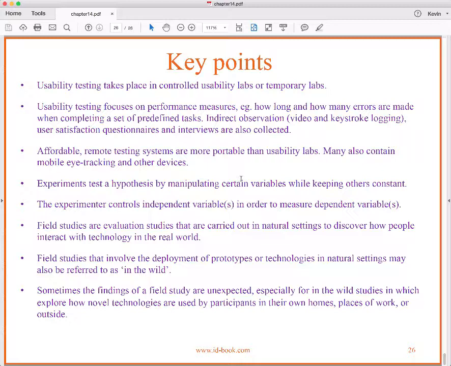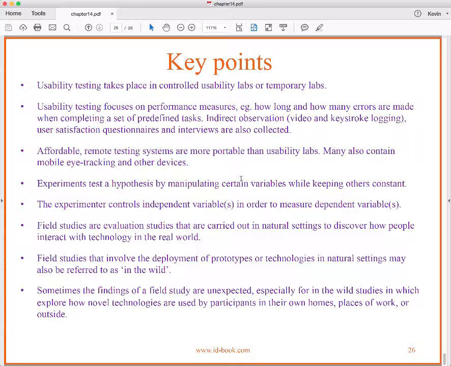We did see an example of a portable usability lab, and we could see that they even contain some fairly interesting testing equipment, stuff like eye tracking devices.